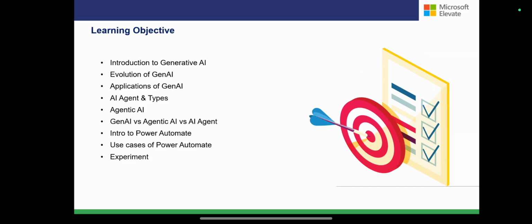Okay, and what is agentic AI? That you are asking the AI. After that, the difference between these: what is the difference between generative AI, agentic AI, and AI agent? After that, the power of automation. You know the automation tools.